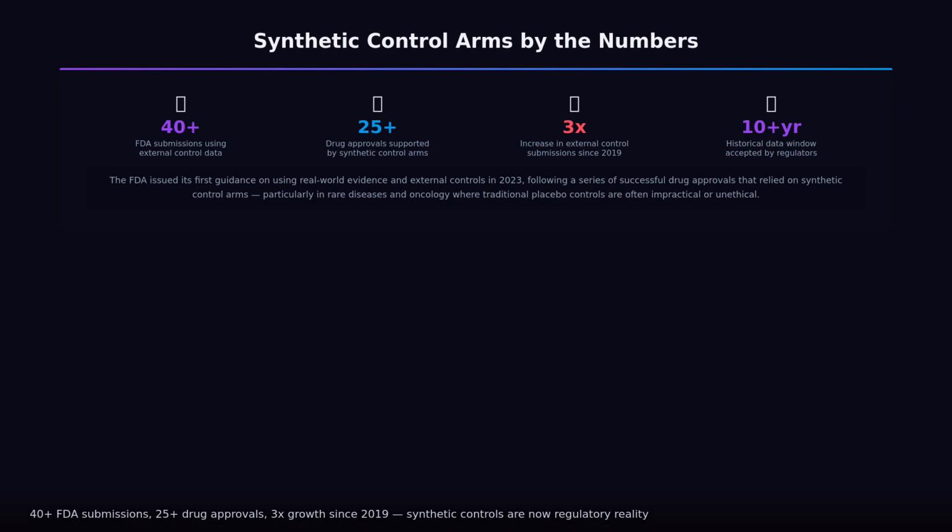The FDA has accepted historical data windows of up to 10 years for constructing control arms, and regulators have issued increasingly detailed guidance on when and how synthetic controls should be used. In rare disease, where synthetic controls are most transformative, they have enabled drug approvals for conditions where traditional placebo-controlled trials were simply impossible.